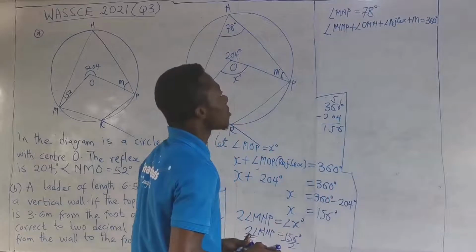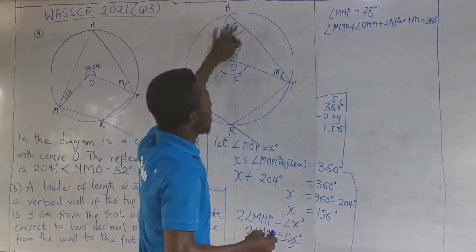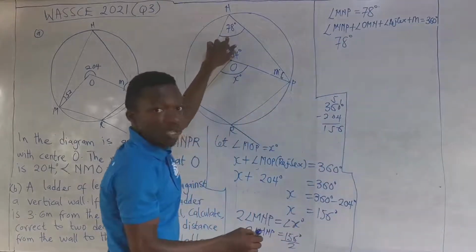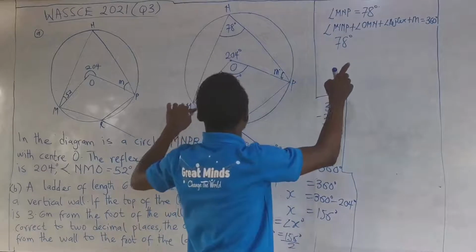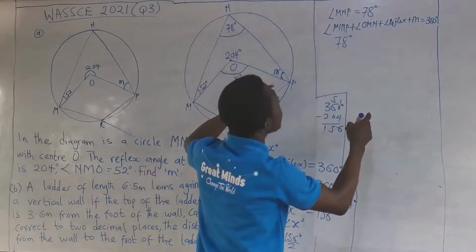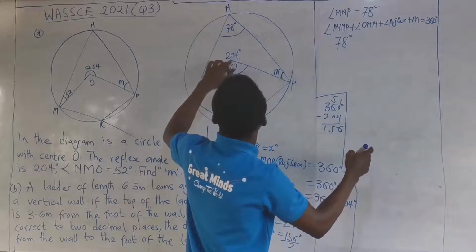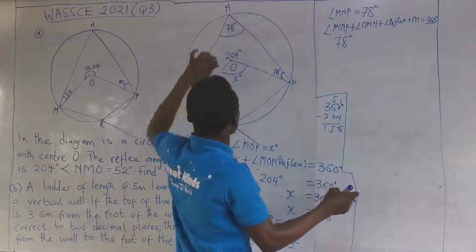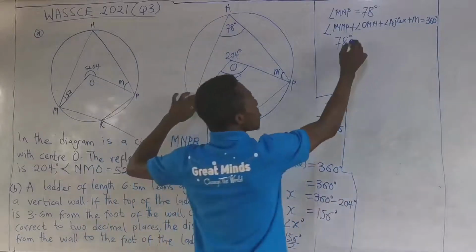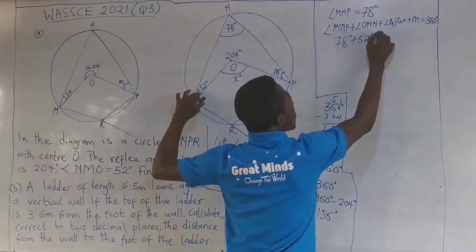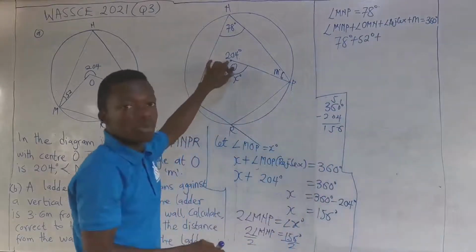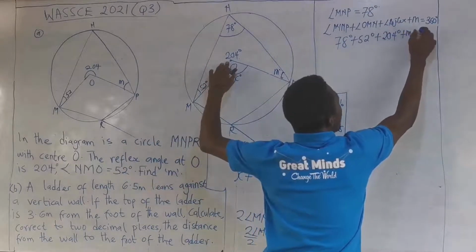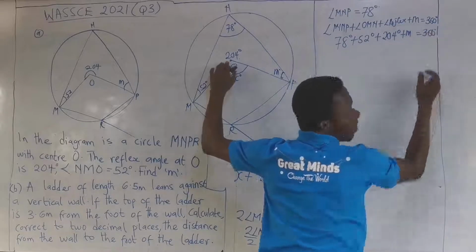So here we are asked to find M. We know MNP is 78 degrees. Then we know angle OMN is 52 degrees, plus the reflex angle, which is 204 degrees, plus M will fetch me 360 degrees.